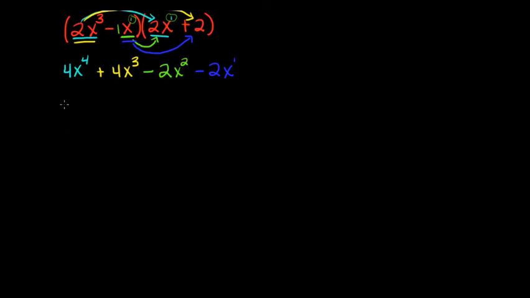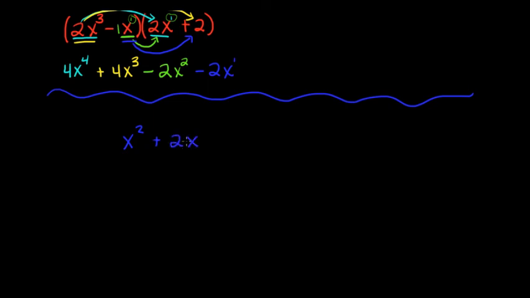We're going to jump to a challenge problem here and see if we can decipher going backwards. So FOIL backwards real fast. If I'm given an x squared plus a 2x plus 1, we need to create what was this.